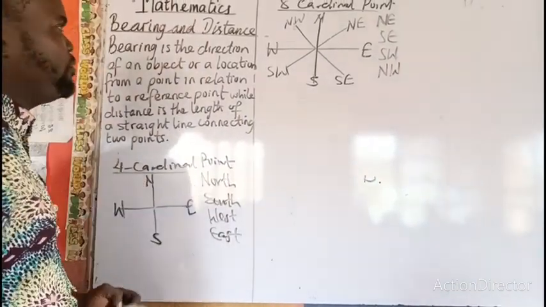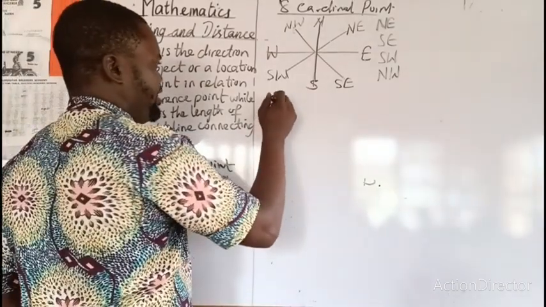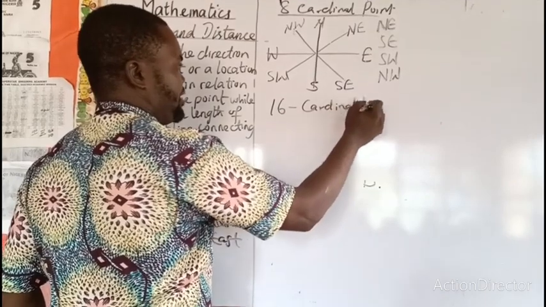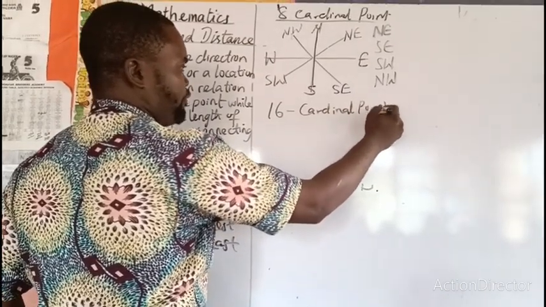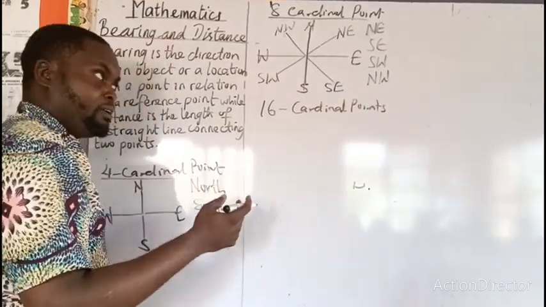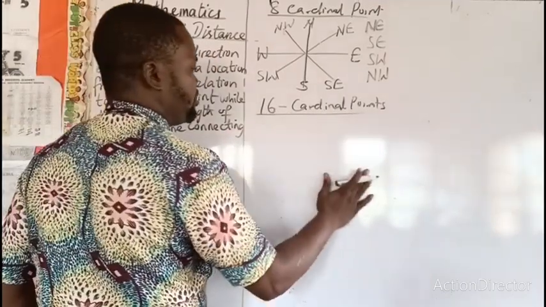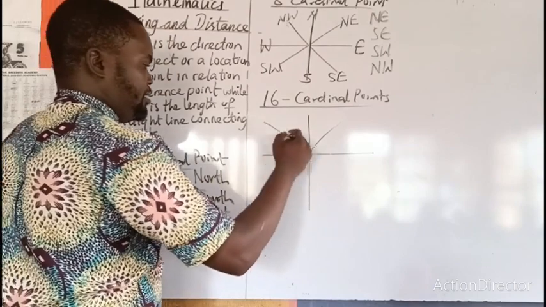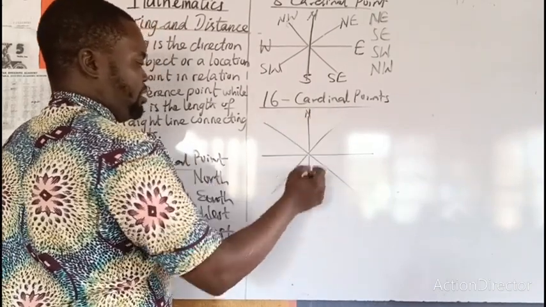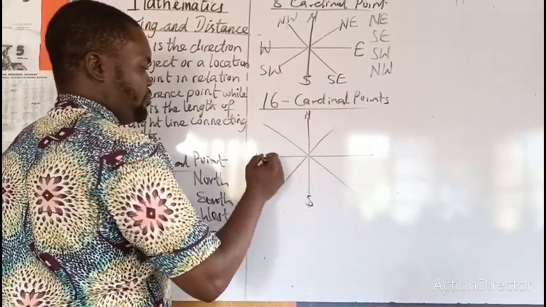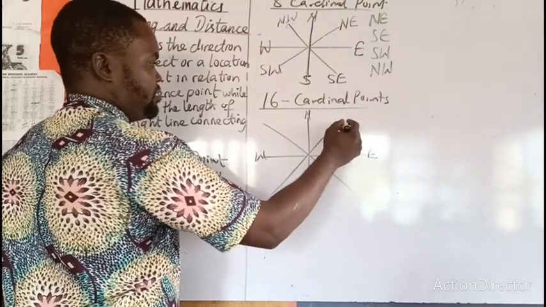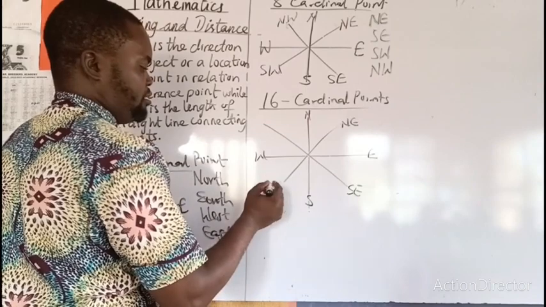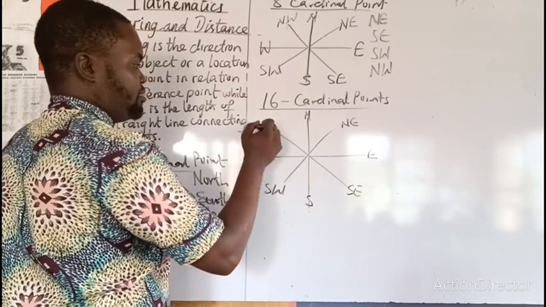Okay. What about if we were talking about 16? Let's just mention 16, then we continue. 16 cardinal points. Of course, that one will also be formed from the 8 cardinal points. So we have our 8 cardinal points: north, south, west, east, northeast, southeast, southwest, northwest.